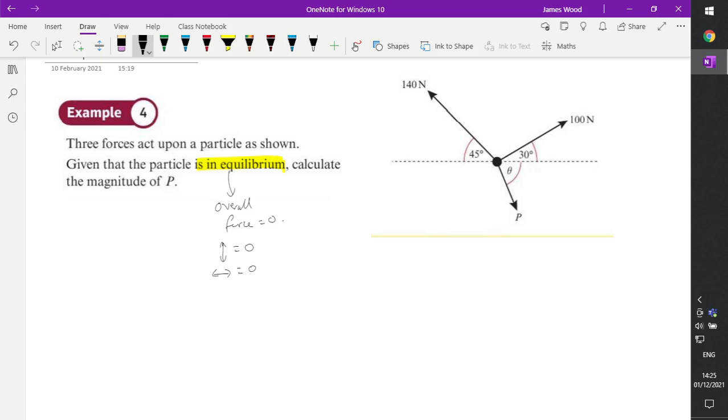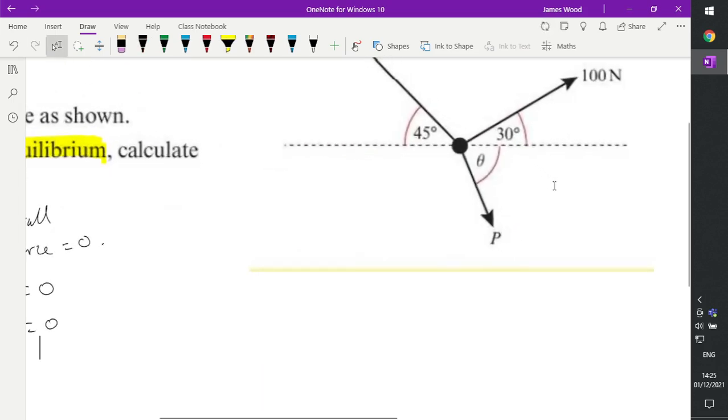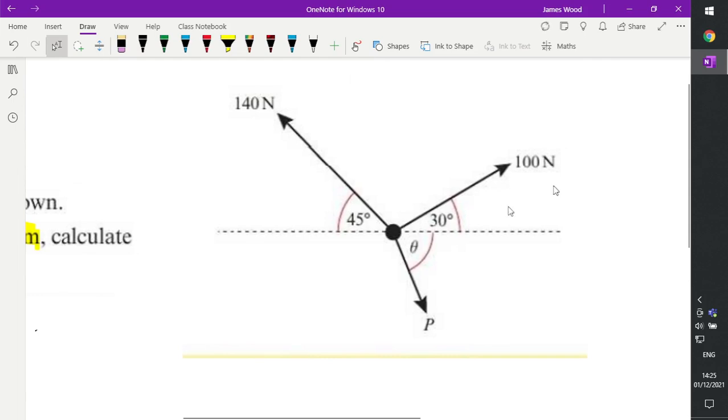So let's do what we did before. Let's resolve the forces on the diagram. So we've got this one here, 140 at 45 degrees. So the vertical component here is going to be 140 sine 45. I always like to put arrows on these as well, just to show that it's going upwards, that component.